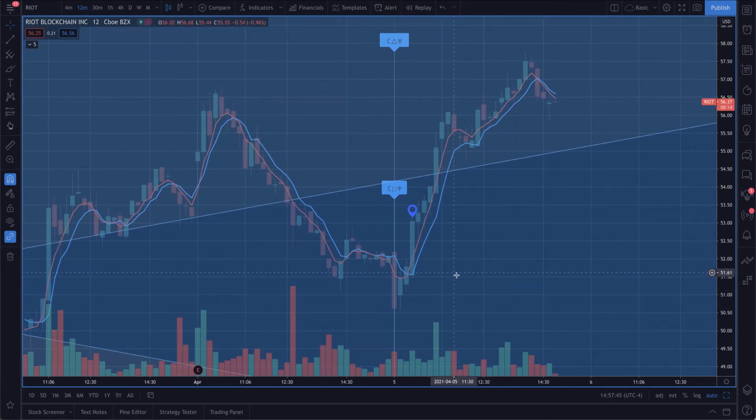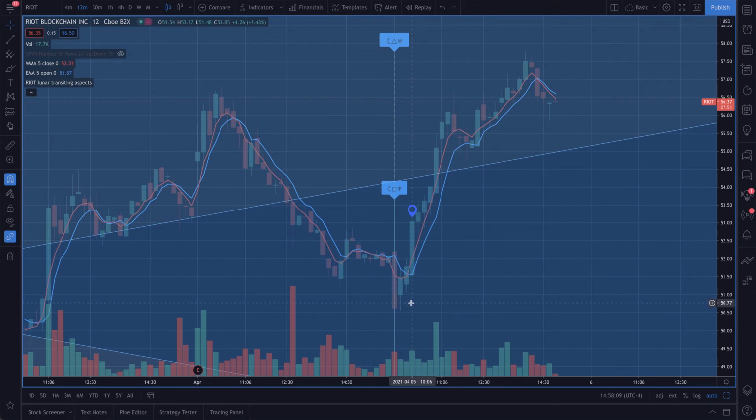You can see here on this 12-minute chart, the blue line is the EMA. This is a 5-period EMA on the opening price. The red line is a 5-period weighted moving average on the closing price.